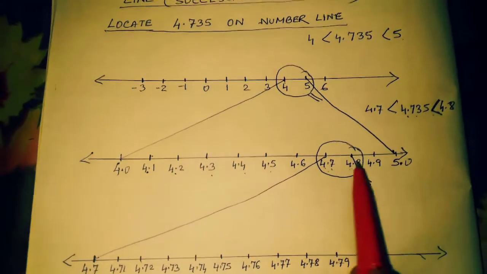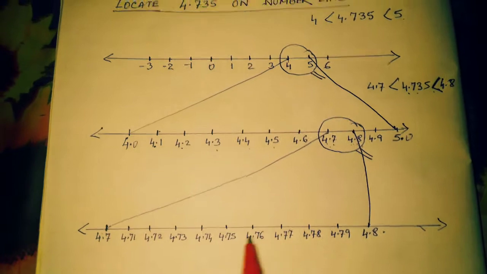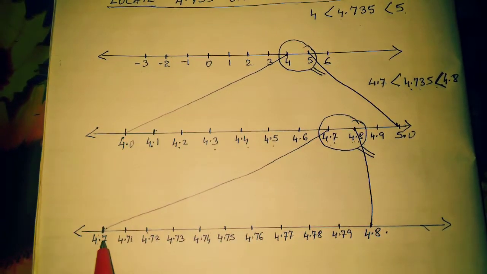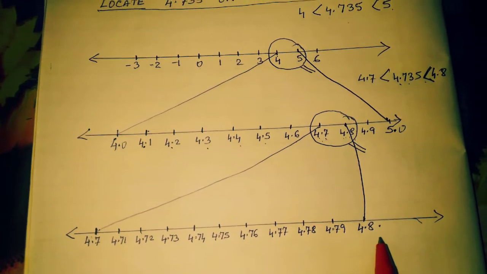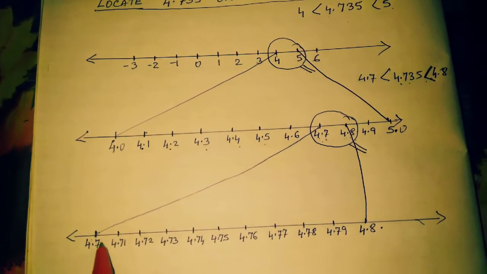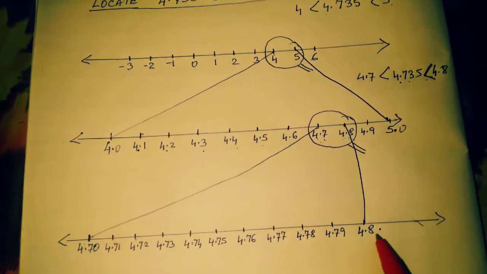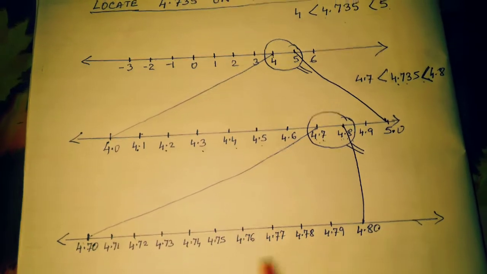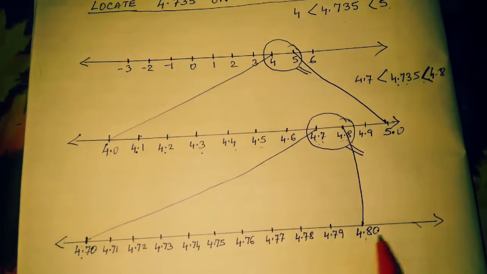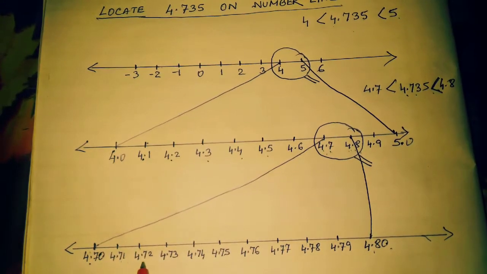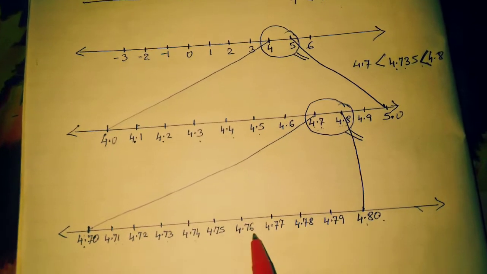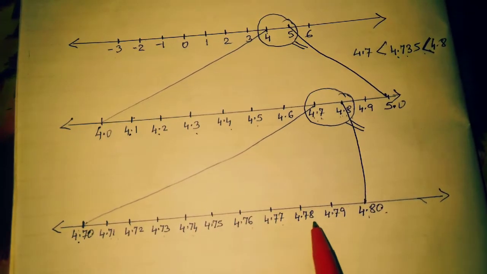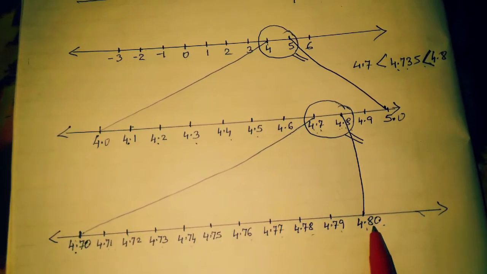So between 4.7 and 4.8, if you see through the magnifying glass, again between these two there are 10 divisions. So 4.7 you can write as 4.70 also, and 4.8 you can write as 4.80. So between 4.70 and 4.80 we'll get 4.71, 4.72, 4.73, 4.74, 4.75, 4.76, 4.77, 4.78, 4.79 and finally 4.80.